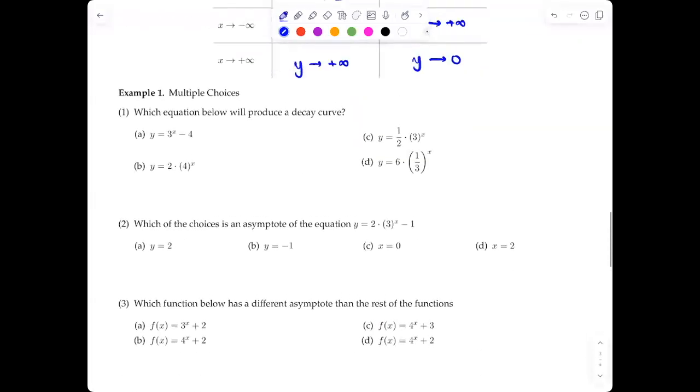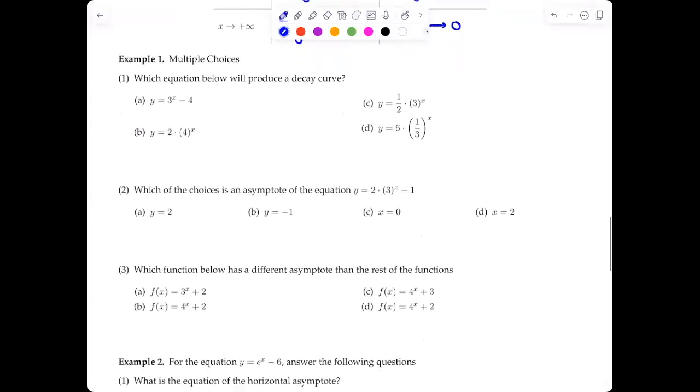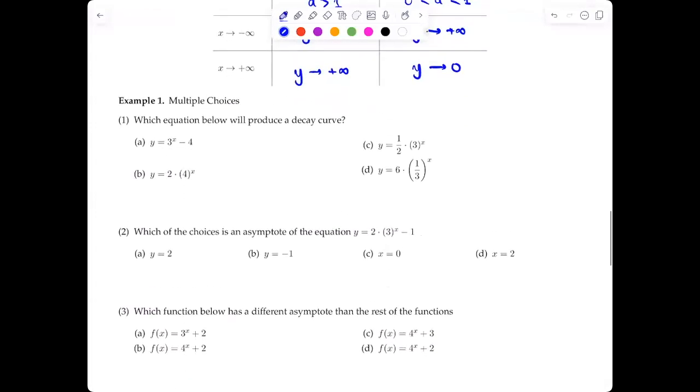Now I want to give you some multiple choice questions to work with. Most of the questions are related to the types of exponential function that you have learned so far. For example, the first multiple choice question: which equation below will produce a decay curve?